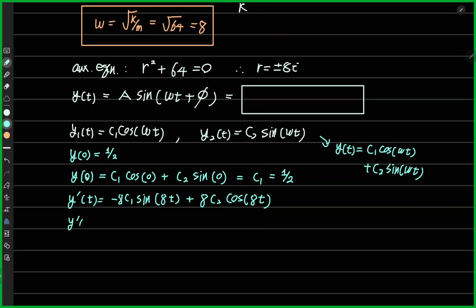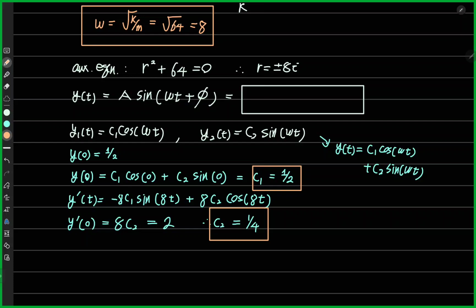So y prime of 0: sine is 0 and cosine is 1, so we get 8 times c2. That must be equal to 2. So c2 is equal to what? 1/4, right? So c1 is 1/2, and c2 is 1/4.